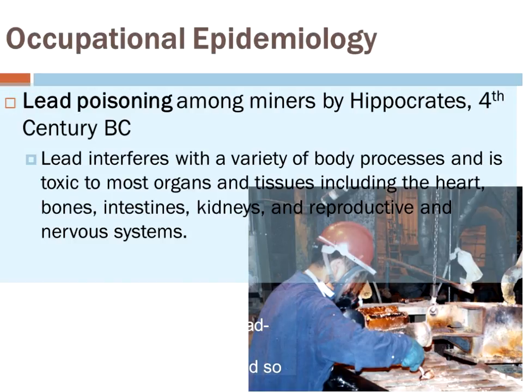What's kind of interesting about this particular slide is that just recently, in 2014, federal agents raided USA Brass right here in Bozeman, Montana, about an hour from Butte. They found high levels of lead exposure in workers.